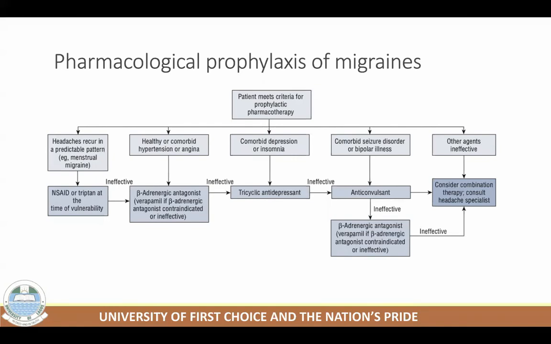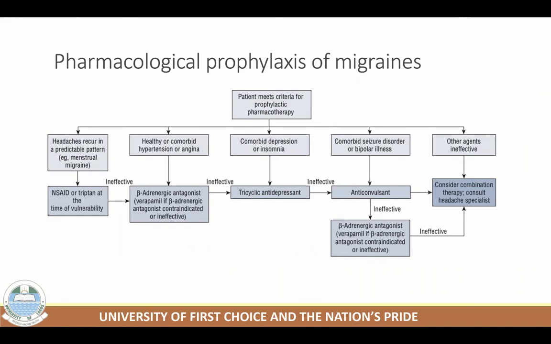The preventives that are currently approved are... sorry, what am I saying? What's the name of this thing? Timolol.